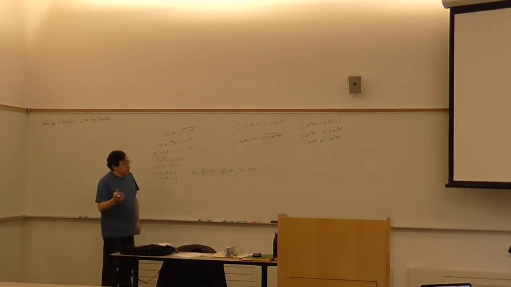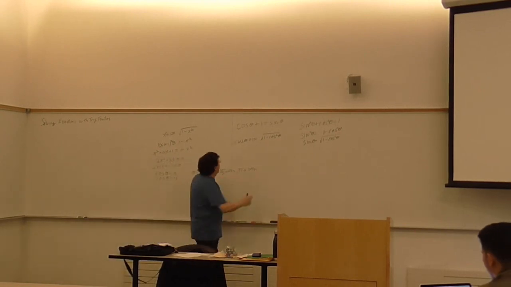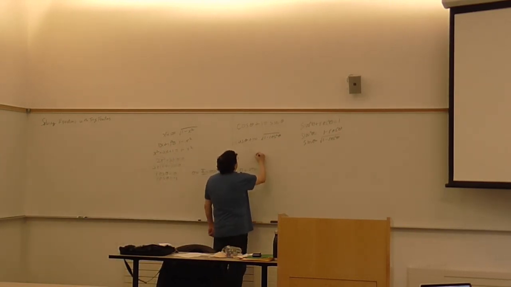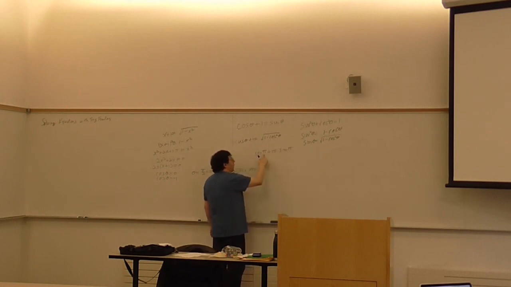Now, at this point, we might want to check to make sure that we didn't introduce some phantom root here. So let's just try pi first. Cosine of pi plus 1 equals sine of pi. Well, cosine of pi is minus 1, plus 1 is 0.